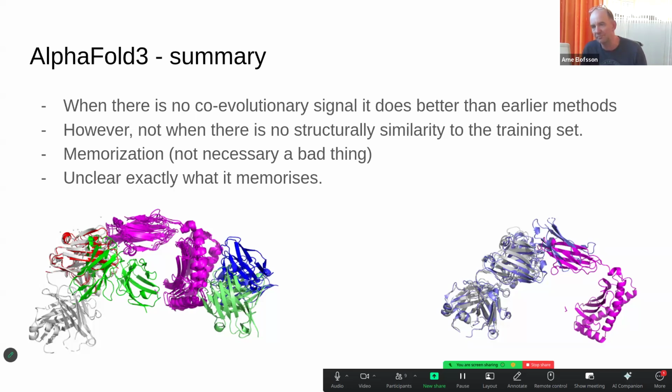It has some limits, and we can see similar trends for RNA prediction and also for small molecule predictions. So it clearly spends more time on learning structure, but that results in more memorization of structures.